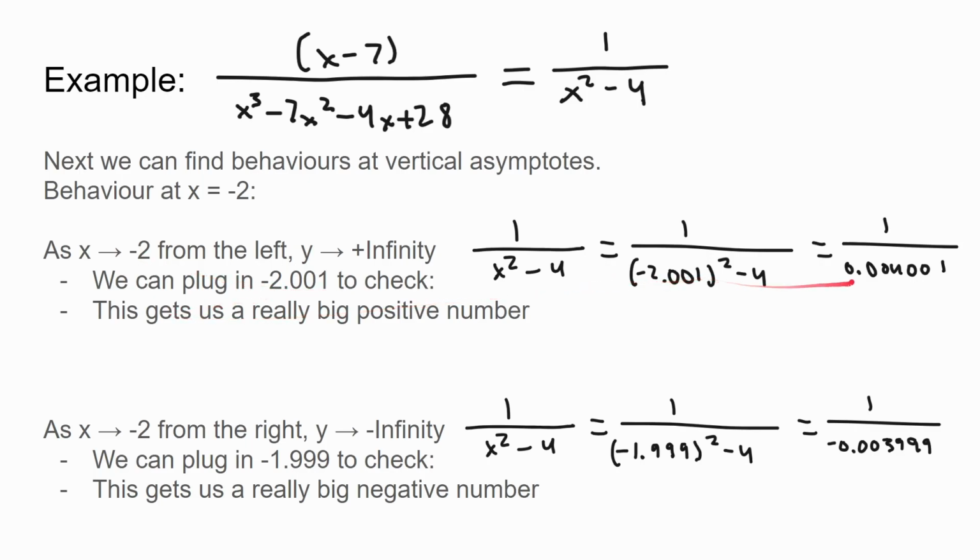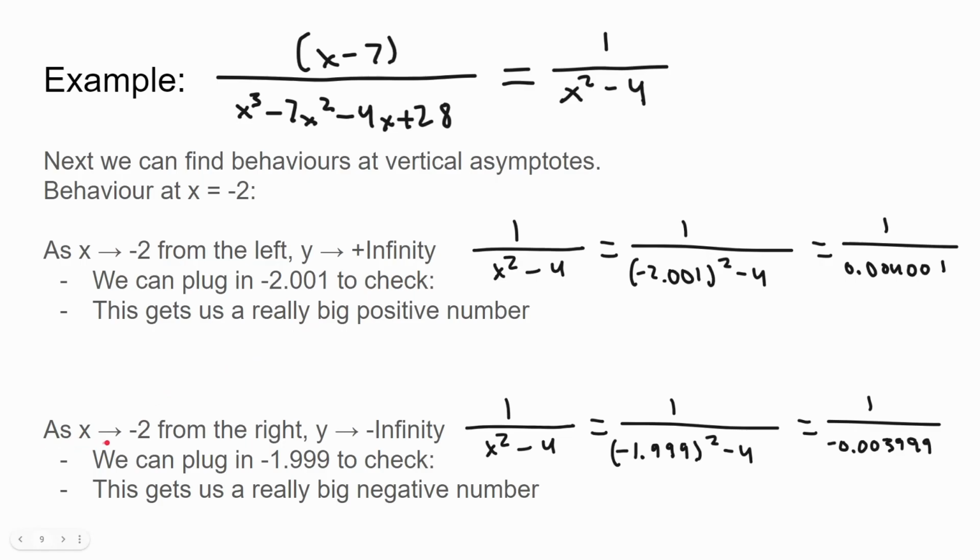We plug this in, we get 1 over 0.004001. Since there's a very small decimal in the denominator, this gets us a really big number that's also positive. So we know that y is going up to infinity, and since it's positive, it's going to positive infinity.